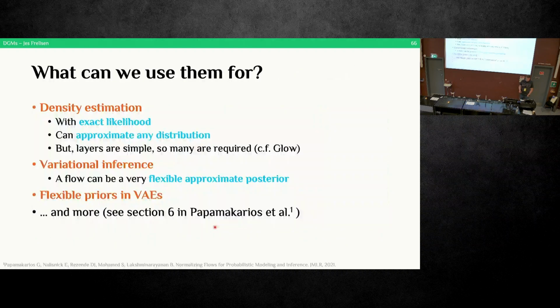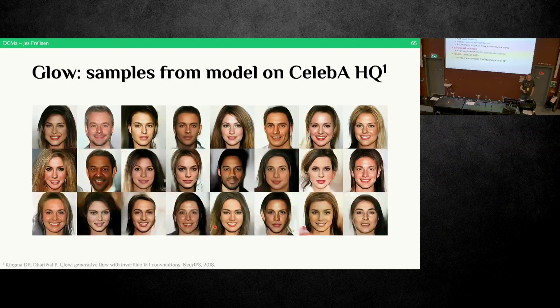Yes? Are the parameters of the S and T transformations shared across the layers? If they're shared between the layers? No, they're not shared between the layers. You have different parameters for each of these transformations. Yeah, you could also share them between layers.